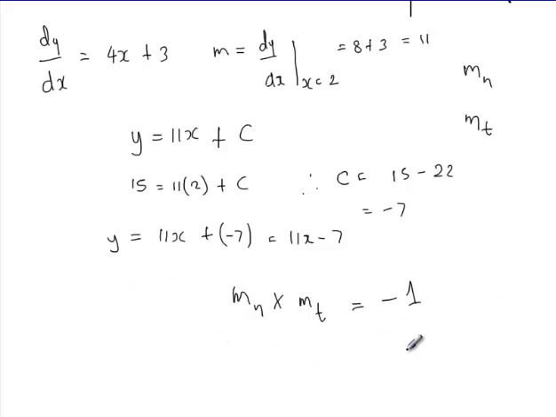I'm going to leave that one for you to do. It's just making mn the subject of the formula. Then you get your gradient. Then you proceed similarly and you get your equation of a normal line. So that's one of the first applications of differentiation we're going to get.